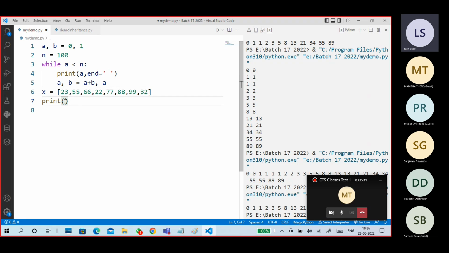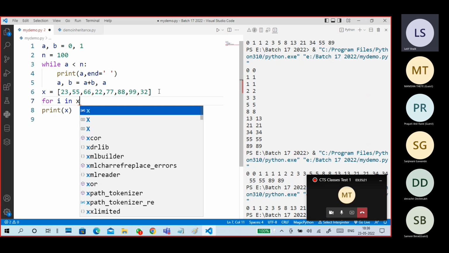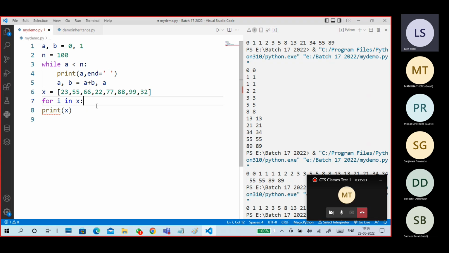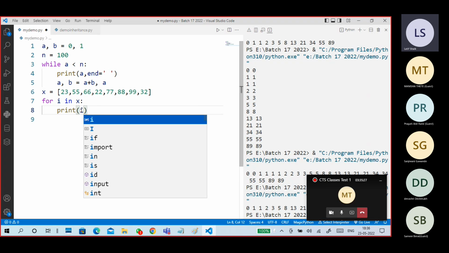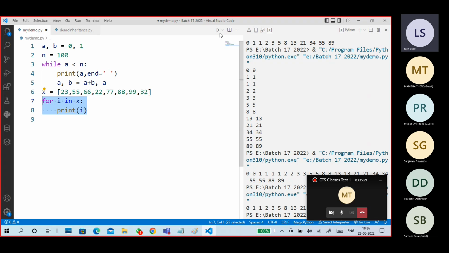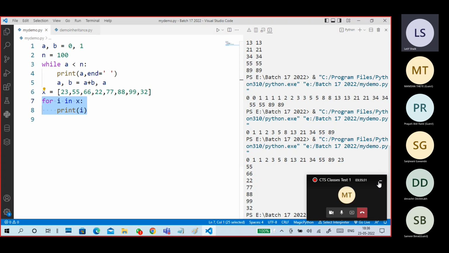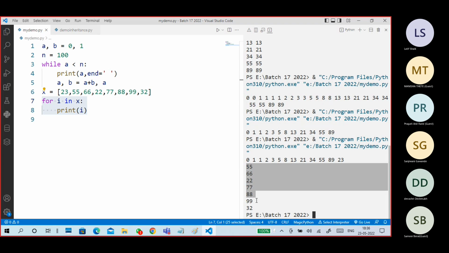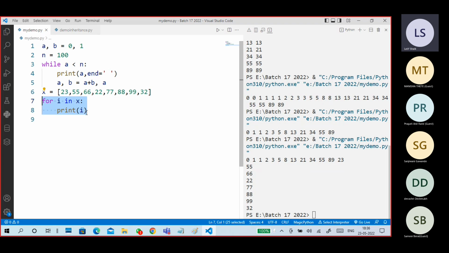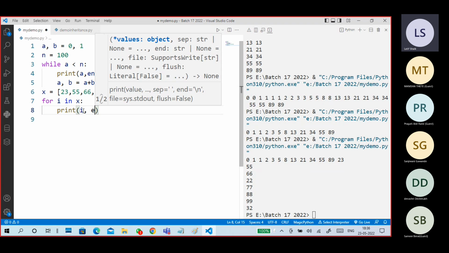I want to print x in an iteration mode: for i in x, print i. So this is iteration mode I am printing. How is it printing? Straight.